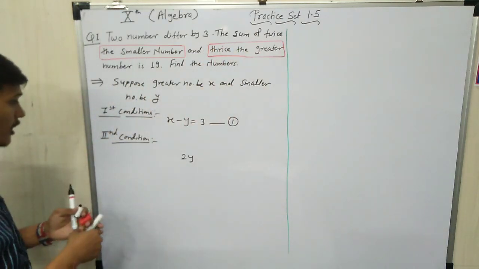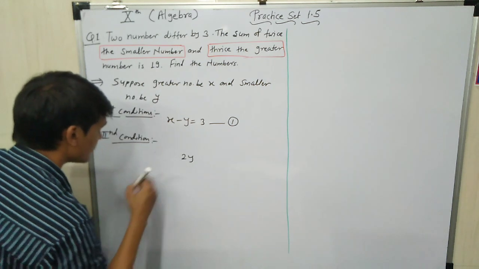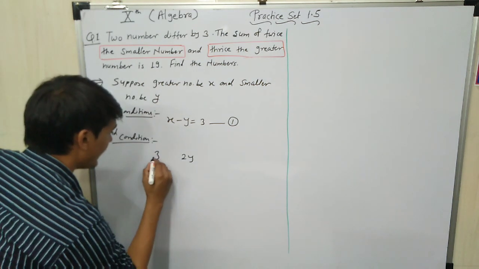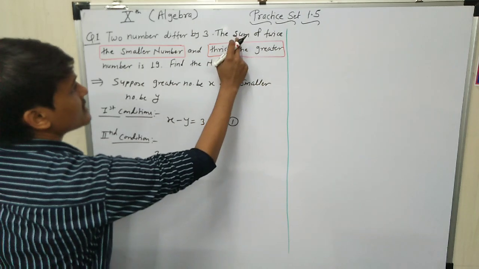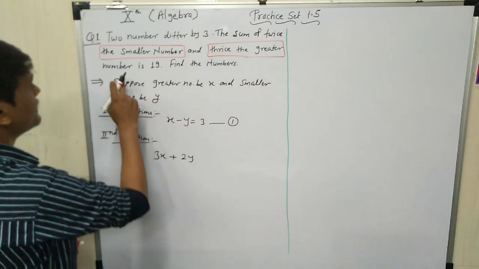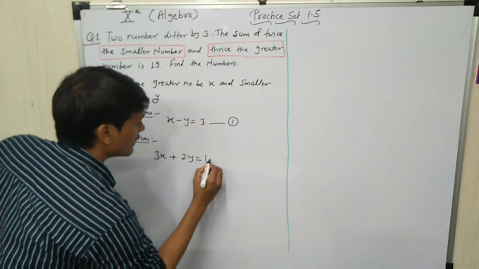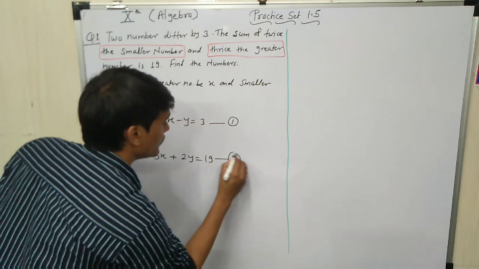Greater number means what? Thrice 3x. Total is sum, plus, is equal to 19. This is equation number 2.